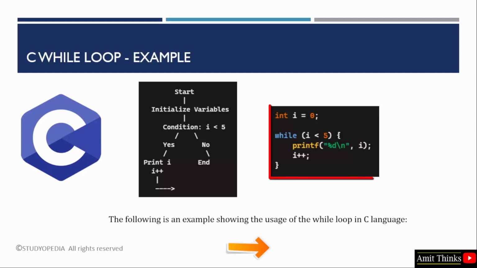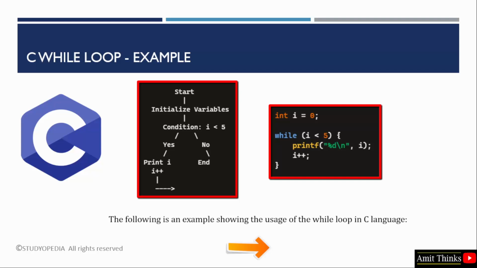Here is an example with a flowchart. Let's say you created a variable i and initialized it to 0. Then the condition will be checked in the while loop. Let's say the condition is i less than 5.